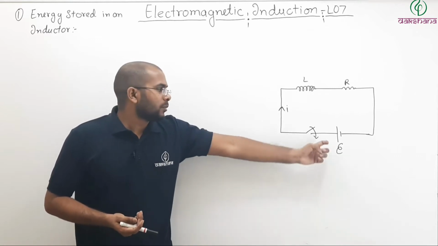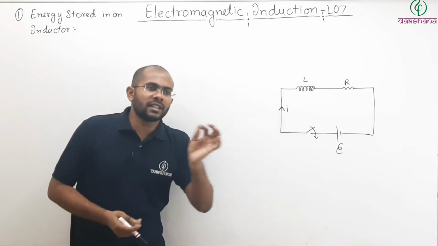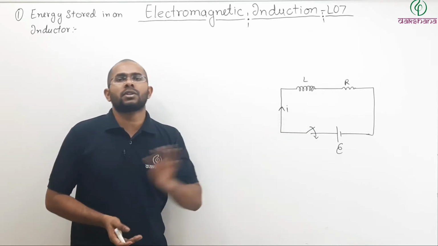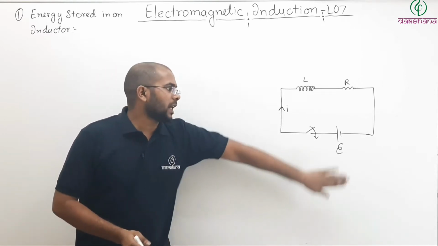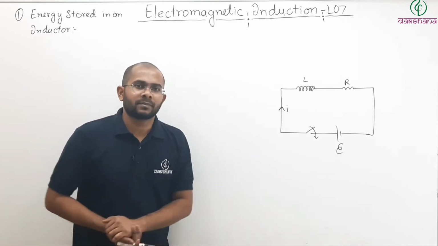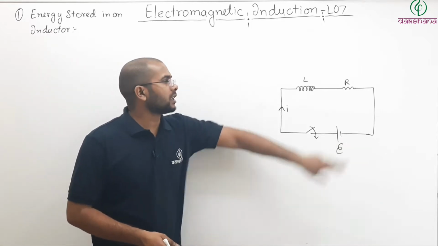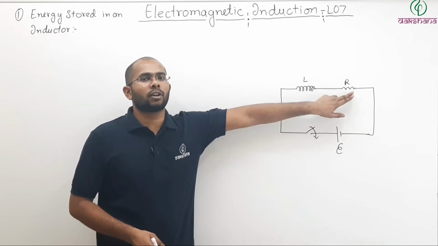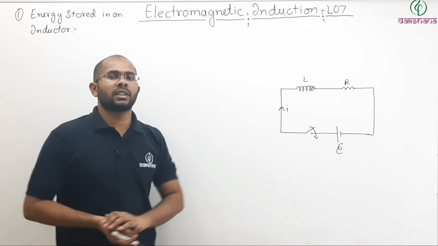Because there is a current, there is a flow of charge, and since charges are moving, some work is done on those charges. That work is done by your battery of EMF. Of the work done by the battery, some appears as the heat produced across the resistor, and some appears as the energy stored in the inductor.